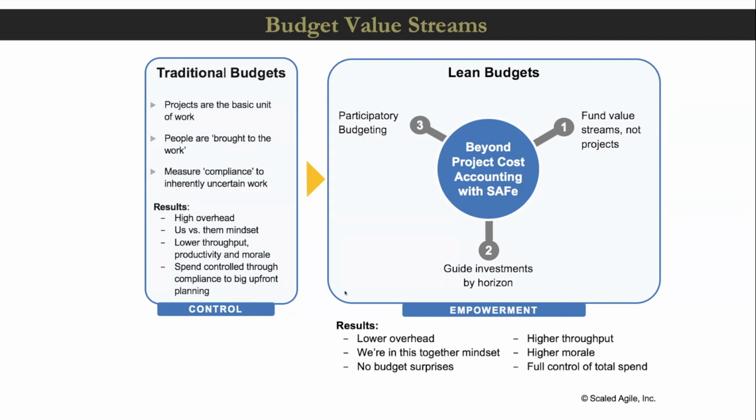Traditionally, our budgets are around projects, and there's a notion of bringing people to work. I'm sure most of you or almost all of you are familiar with the definition of a project and how we go through the motions of creating a charter, having some amount of money allocated to that.